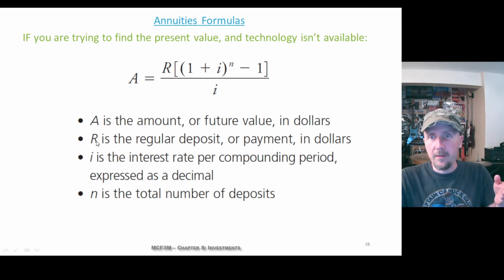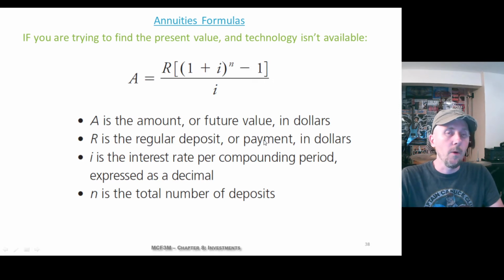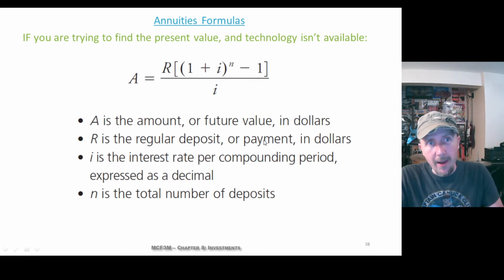If you look at what it is, R is the regular deposit or payment. So sometimes it's a PMT for payment in dollars, where before with our compound interest formula we had the amount we're putting into a bond or something, an amount now, which was our P, our principal.